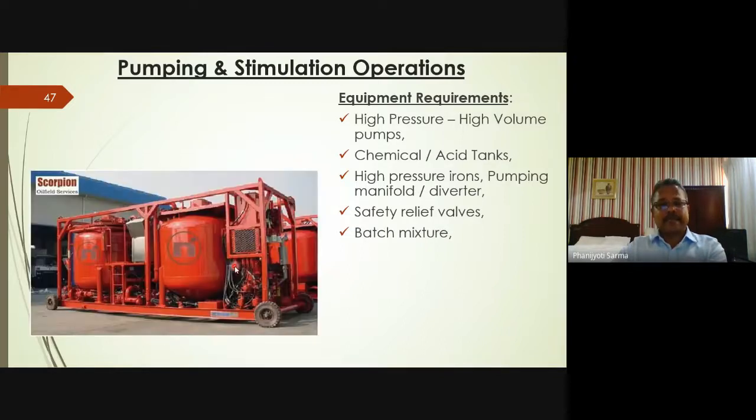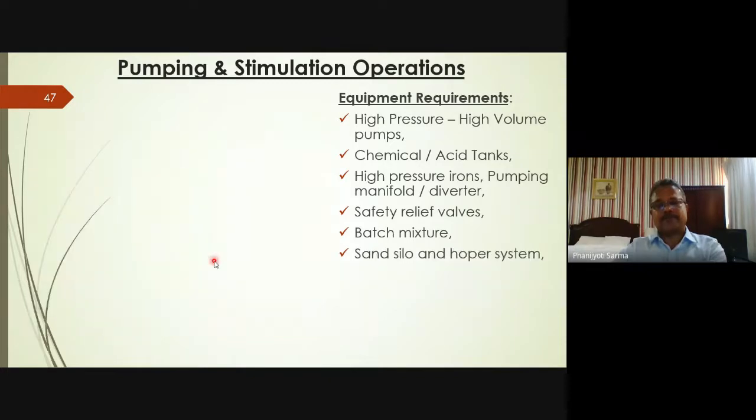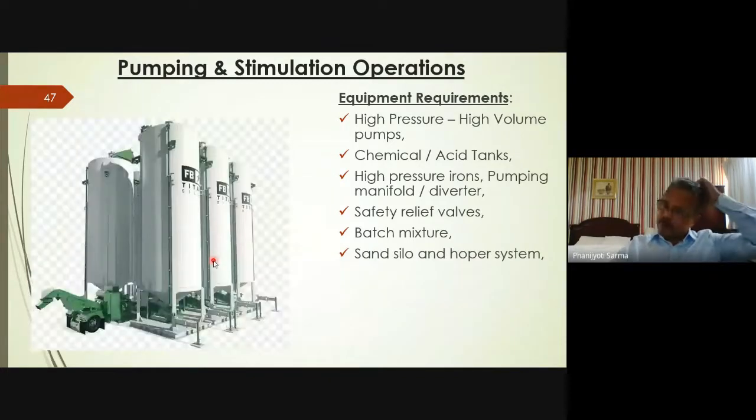So we need to have a batch mixer to mix the different chemicals. It could be acid, it could be acid mixed with water, and then corrosion inhibitor fluids, or sometimes cross-link gels, etc. So a batch mixer is required. And in case of fracturing operations or the frac pack operation, the sand silos and hopper system will be required.